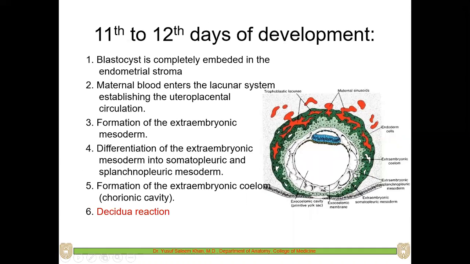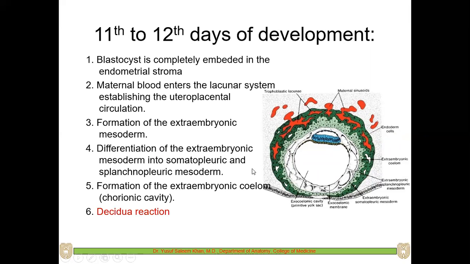The somatic layer was here. This is called the extra embryonic somatic mesoderm, and the inner layer is called the extra embryonic splanchnic mesoderm. This is the splanchnic layer. This is the somatic layer. And then there was formation of small cavities here, the extra embryonic coelom, which later changed itself into the chorionic cavity.